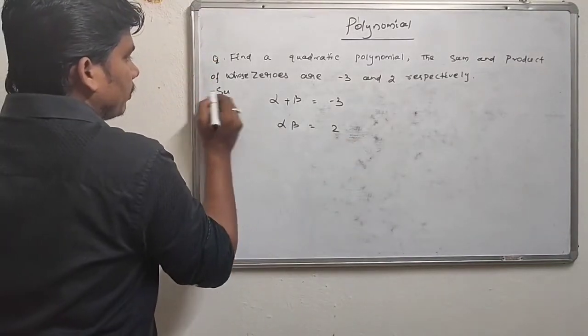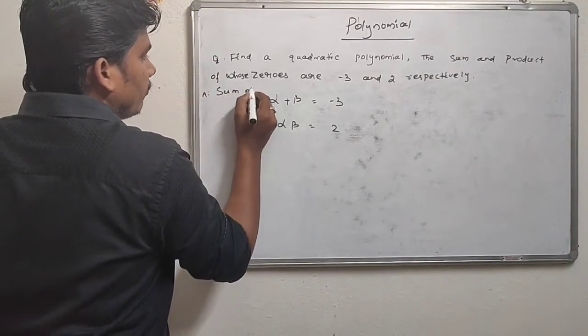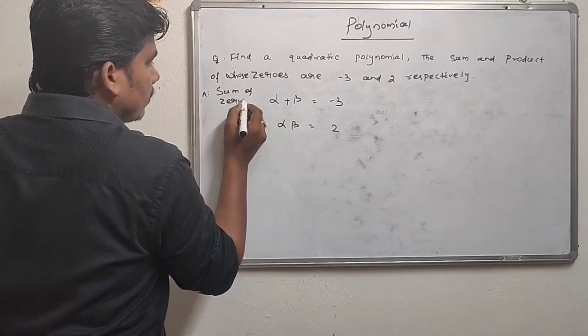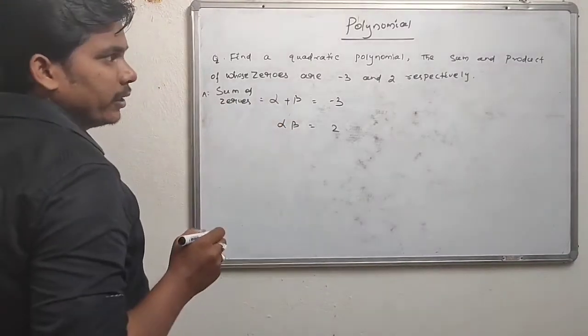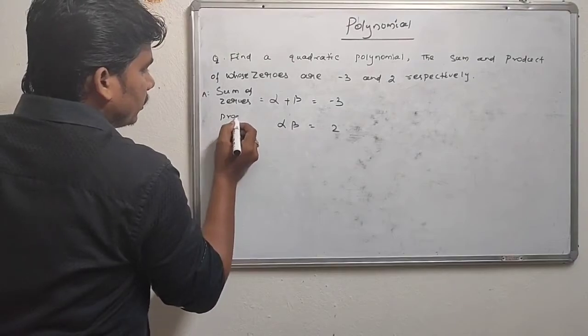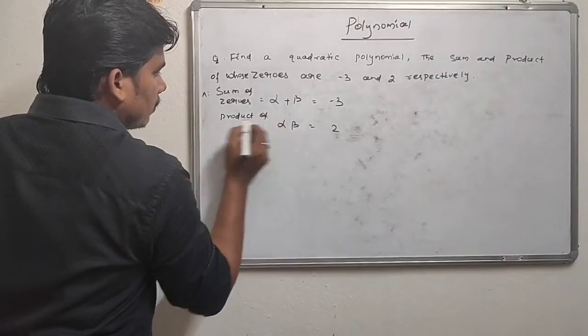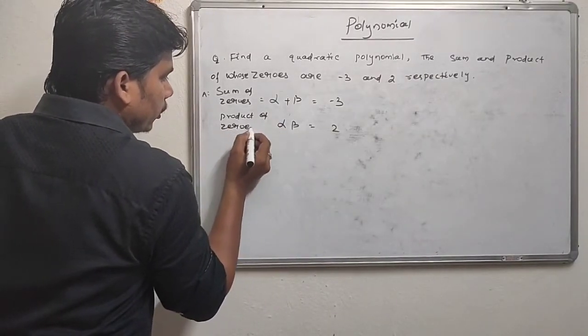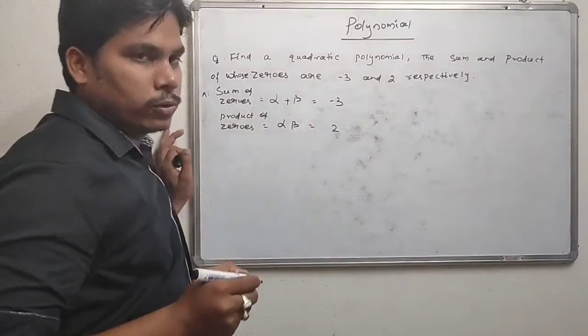Means the sum of zeros is alpha plus beta equal to minus 3, and the product of zeros is alpha beta equal to 2.